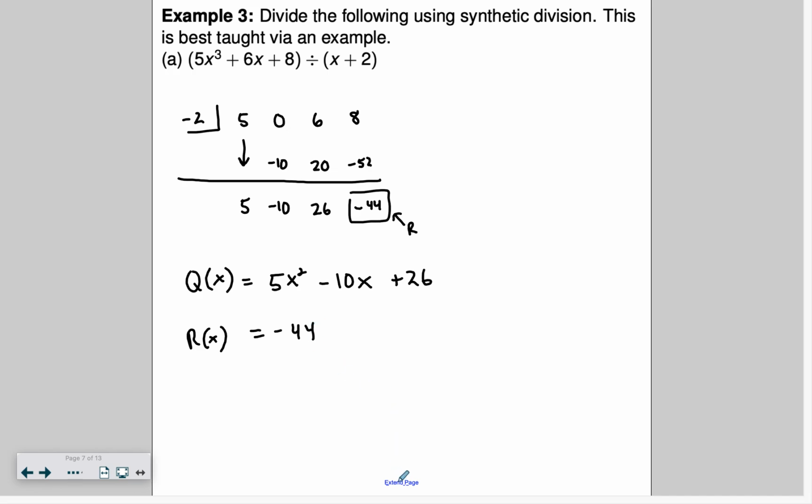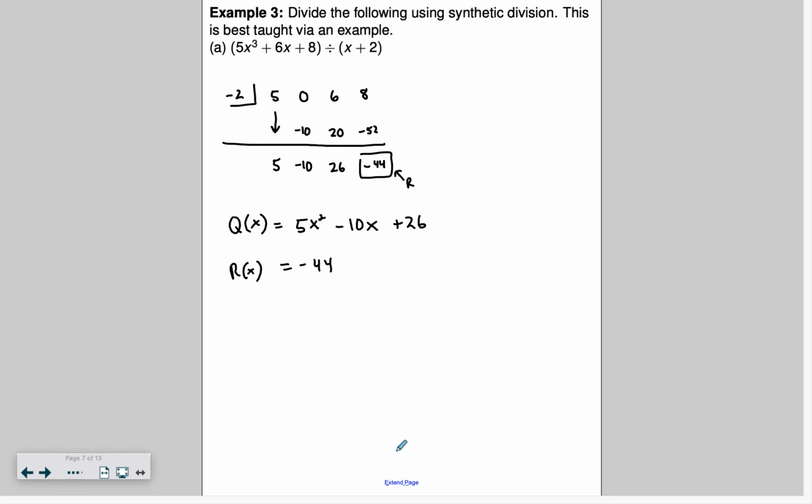Now, if we want to get our answer, the answer to division is 5x squared minus 10x plus 26 plus, now remember we're going to take the remainder and put it over the divisor: negative 44 over x plus 2, which I'm pulling from up here, our divisor.